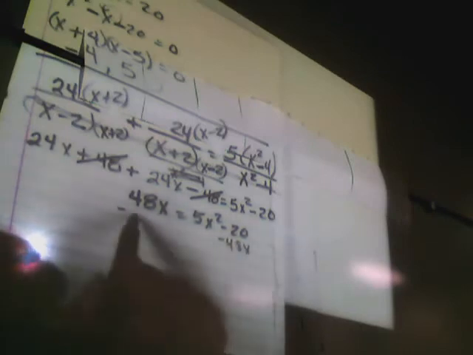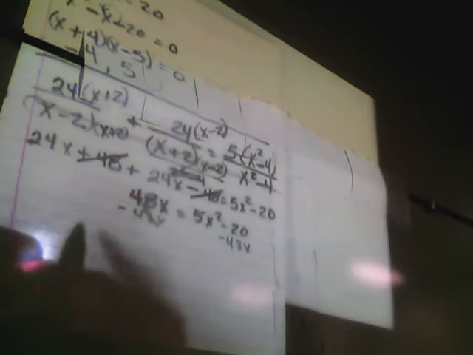So subtract the 48x from both sides. So we have 0 equals 5x squared minus the 48x, and then we'll put the negative 20 at the end.